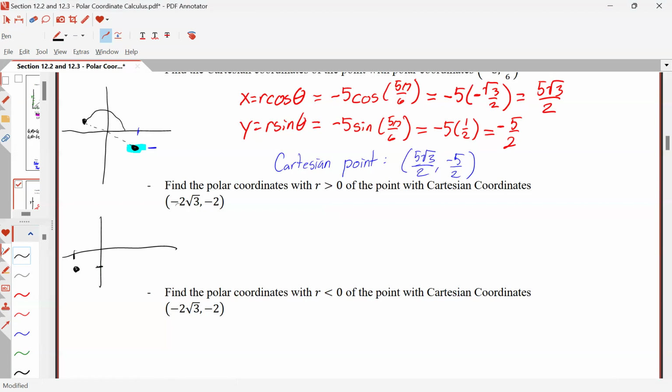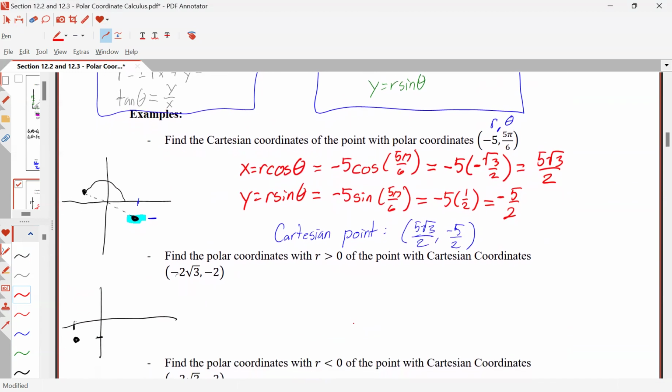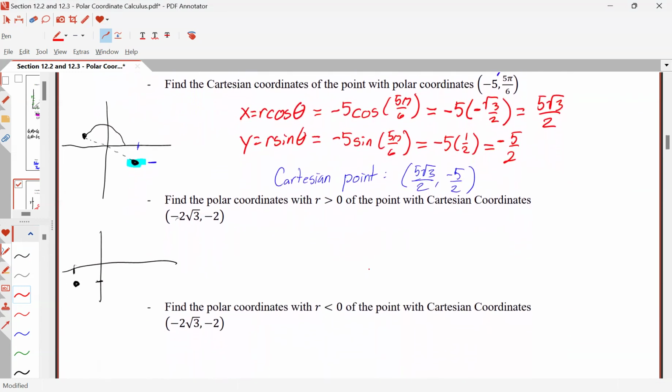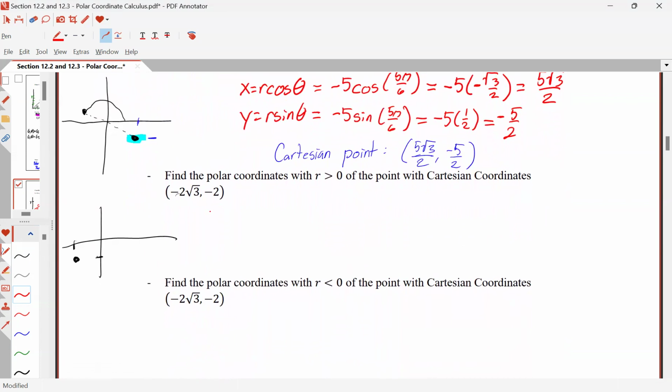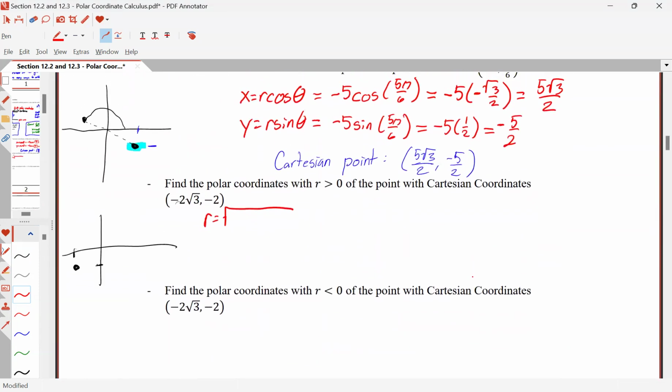We are going to use the equations that r is plus or minus the square root of x squared plus y squared, and tangent equals y over x. We have r greater than 0, so we're not looking at the negative form.